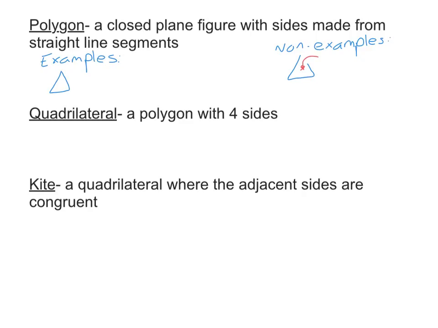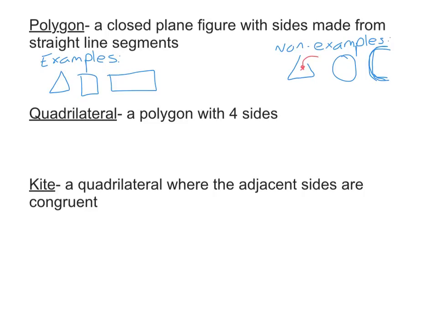So everything from a triangle to a square to a rectangle, as long as it has straight sides and it is closed, then it's a polygon. Another non-example over here: a circle is not made up of straight line segments. It would not be a horseshoe sort of shape because that would be open and it wouldn't be straight.